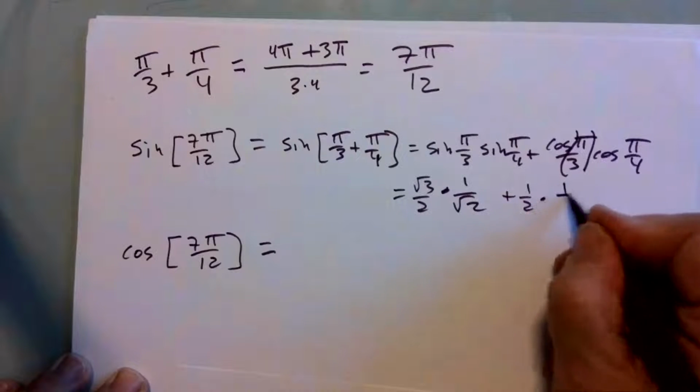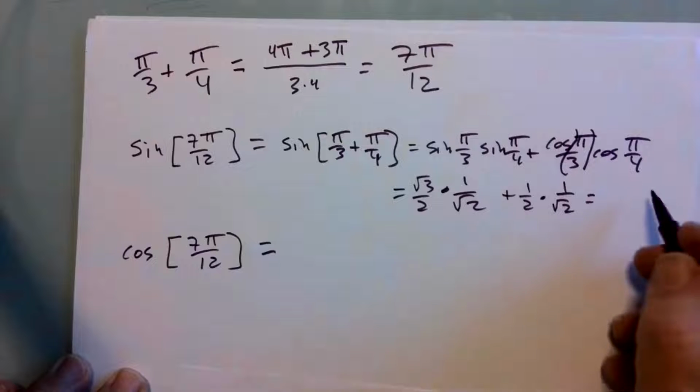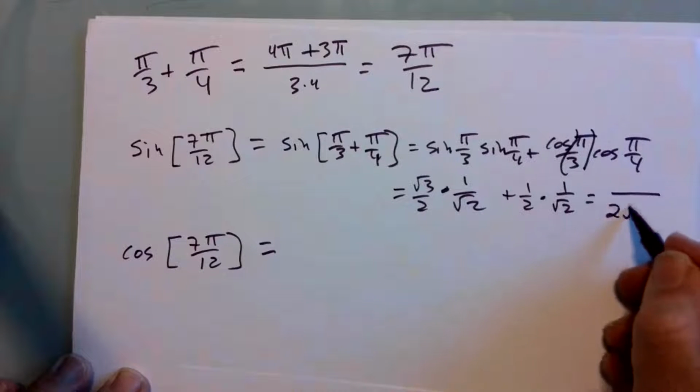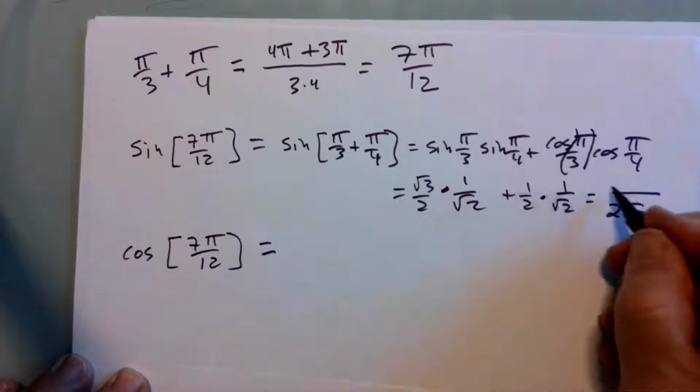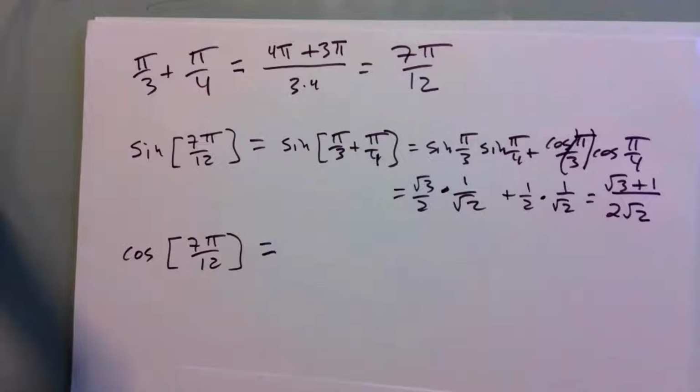Cos of pi over 4 is 1 over root 2. So you'll notice we have a common denominator here of 2 root 2. Root 3 times 1 is root 3 plus 1. So I get root 3 plus 1 over root 2, which is fine. There's many, many ways you can answer that, rationalizing the denominator and such. But I think I will stick with that one.